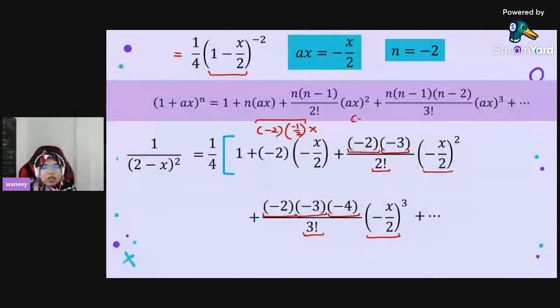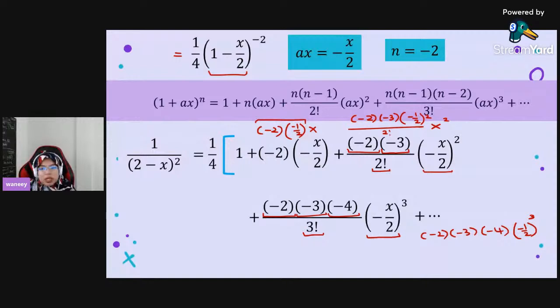For this one: negative 2, negative 3, negative 1 over 2 squared, over 2 factorial, and then you have x squared at the back. For this one: negative 2, negative 3, negative 4, and then negative 1 over 2 cubed, divided by 3 factorial, and then of course you have x cubed at the back.